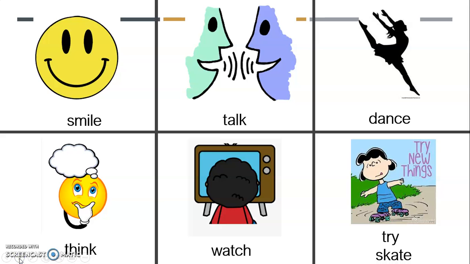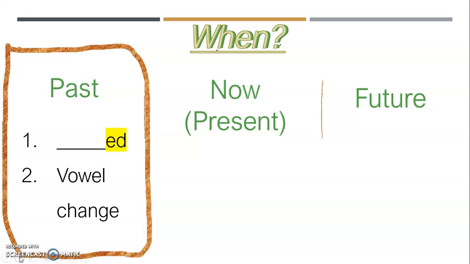Skate is one. Riding your bike is one. Walking, right? All those kinds of things. It could be a movement you do with your body. It could be something in your head, like thinking. But all of those are actions, okay? So what are you doing? Just think, what are you doing? And that's a verb.